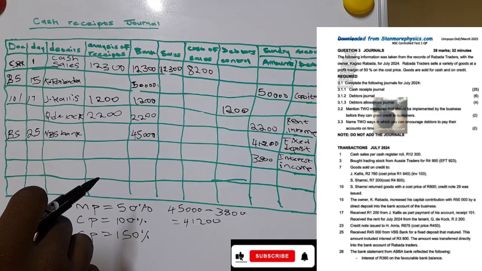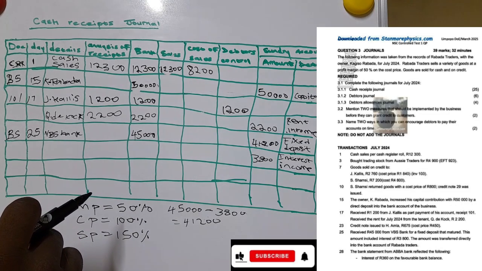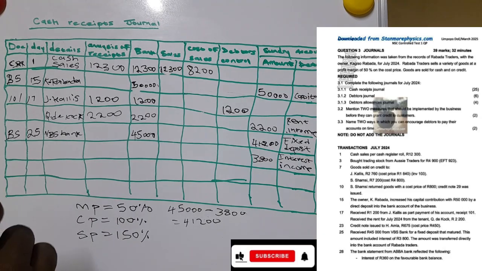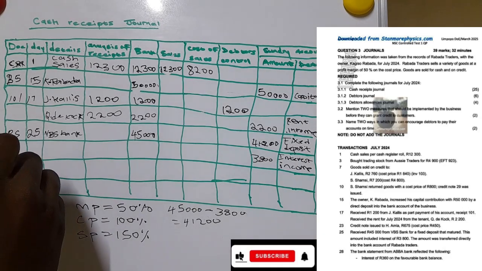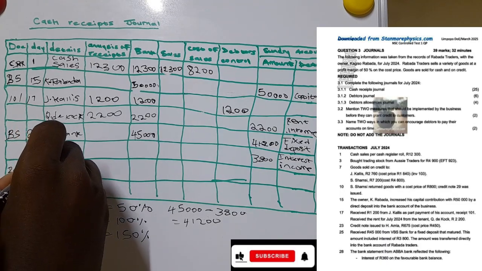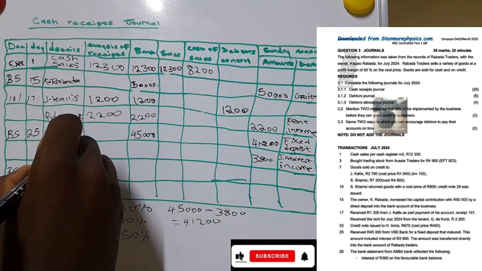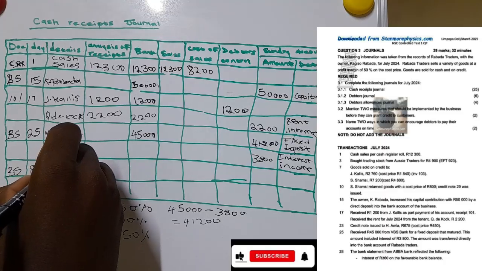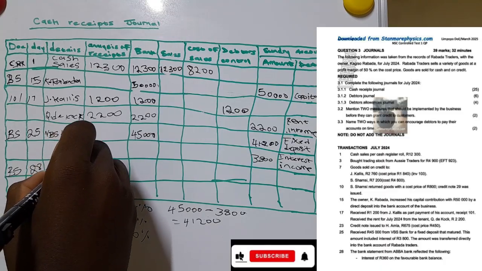The bank statement from ABBA Bank reflected the following: interest of 360 on the favorable bank balance. And then our document number, we're gonna say it's BS. And then the date 28. The details, it's ABBA.